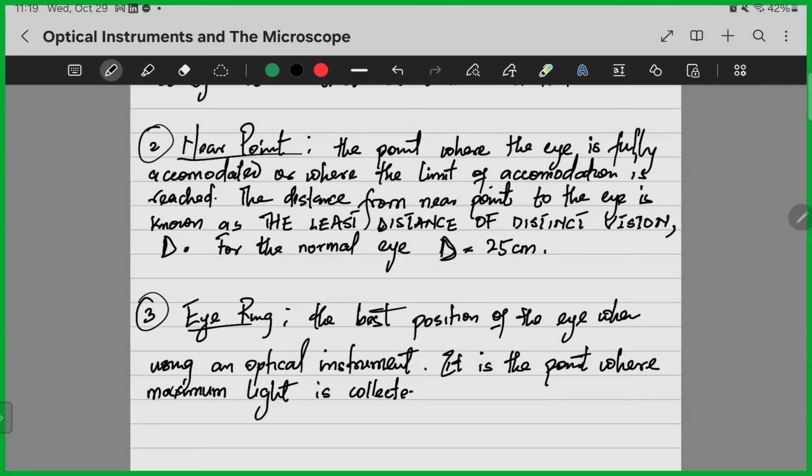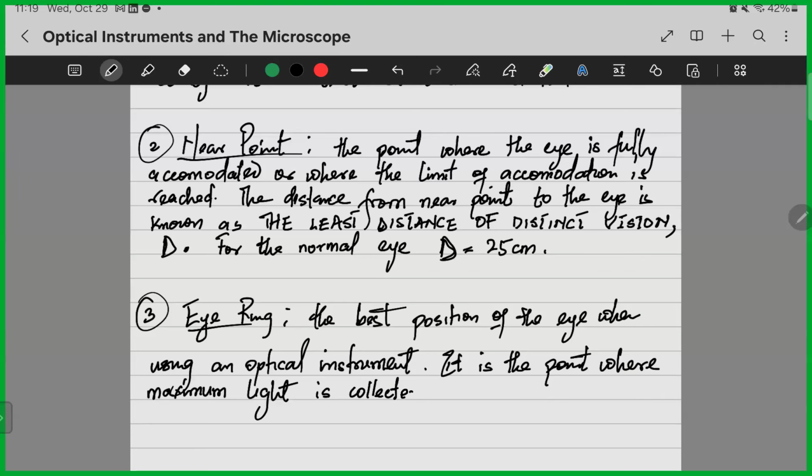When we have D as negative, keep in mind, we use this particular formula when D is negative, and M is positive. So when this is negative, you will get a positive M.